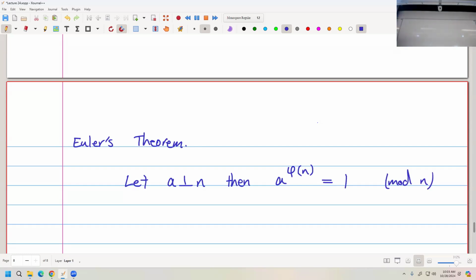So this is basically the same as Fermat's little theorem, except that I've now extended it to every number n. N doesn't have to be a prime anymore. But instead of raising it to the power of n minus 1, I'm raising it to the power of phi of n. Okay. Now, why does this hold?